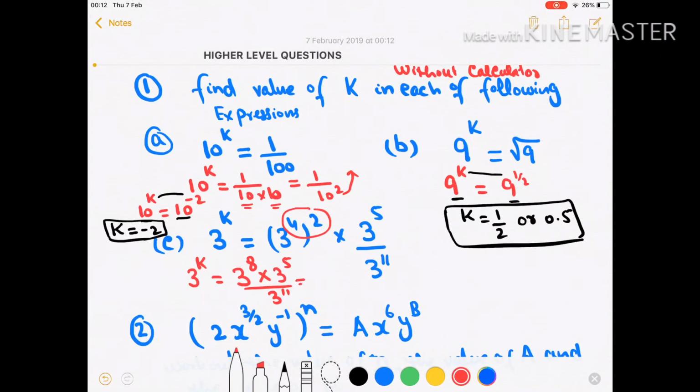On the top we have to use rule number 1: when you multiply the same thing, you have to add the powers. Both bases are the same, 3 and 3, and multiplying, we add the powers, 8 plus 5 is 13. At the bottom will come 3 to the power 11.